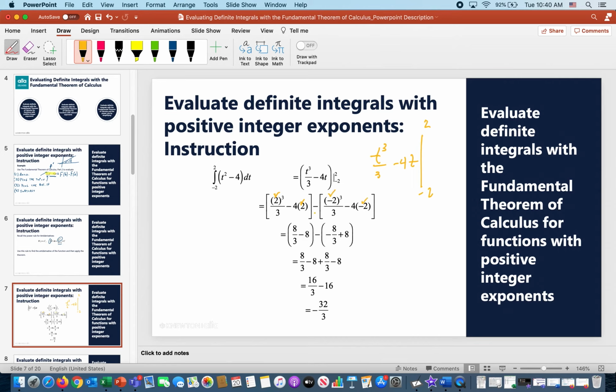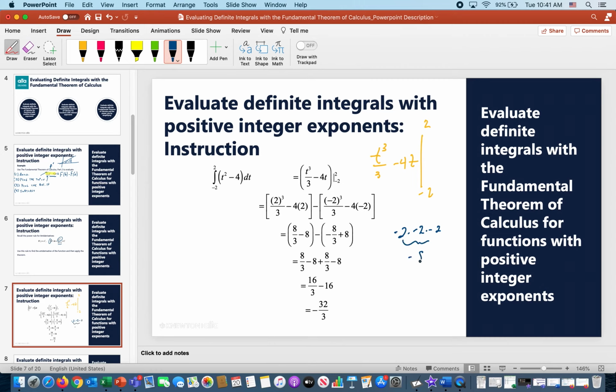Going through and evaluating this is where a lot of times we get lost in the order of operations, and why is this number negative and why is it positive. So 2 to the third power is 8, and 8 over 3 is our first value, minus 8, which is 4 times 2. Right here, if I do negative 2 to the third power, it's negative 2 times negative 2 times negative 2.